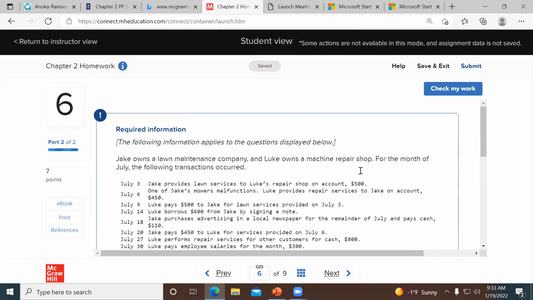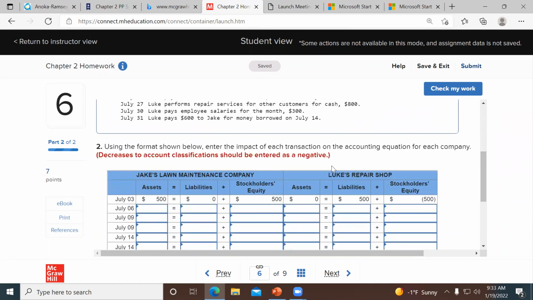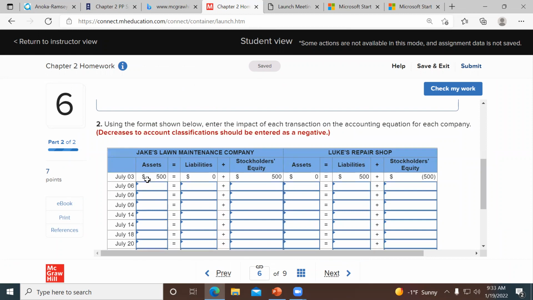Jake provides lawn services to Luke's repair shop on account, $500. For Jake, he has an accounts receivable debit and he increased his service revenue. For Luke, we have to show he owes the money and it was an expense.